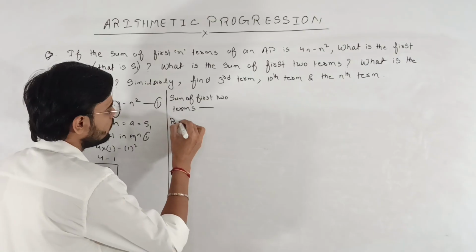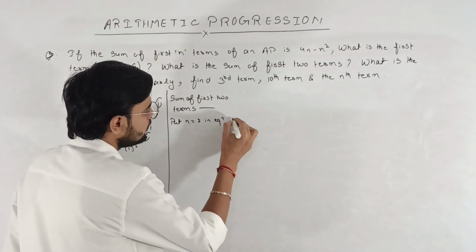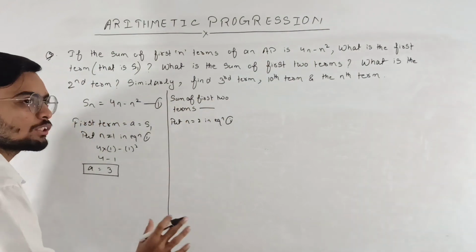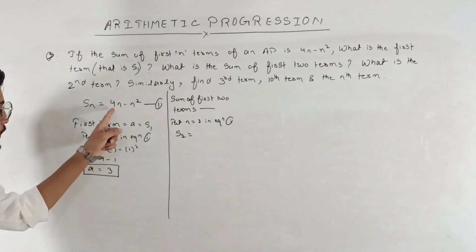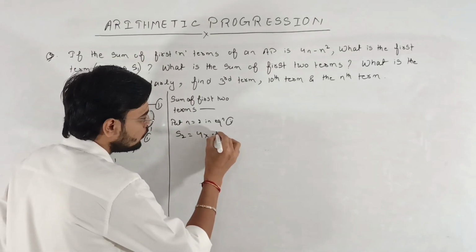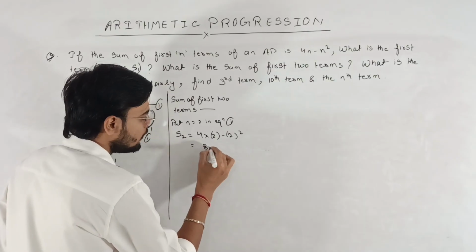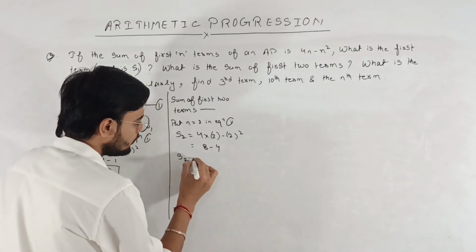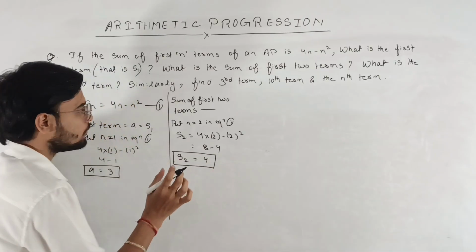So again put n equal to 2 in equation first, then we get S2 equal to what? Equation first is 4n minus n square. So 4 into 2 minus 2 square, so from here 8 minus 4. So the sum of first two terms I get is 4. Okay.